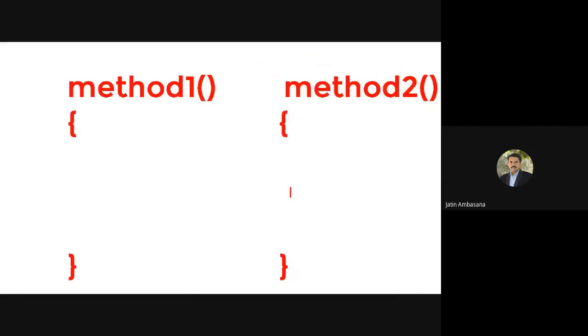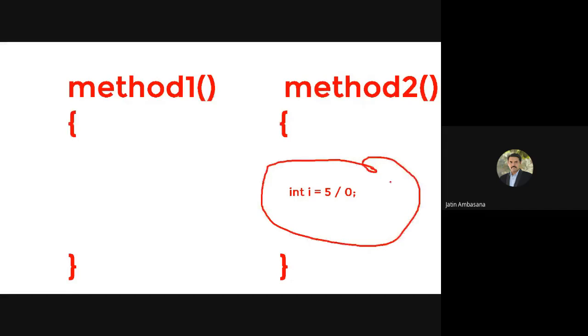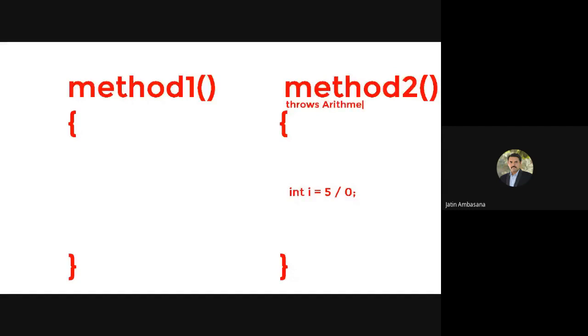We know that we are doing something like int i = 5 / 0, so this method is surely going to throw an exception. So we can declare that it throws an arithmetic exception. And if it is declared, then even if it is a checked exception, you don't need to put it into a try catch block.